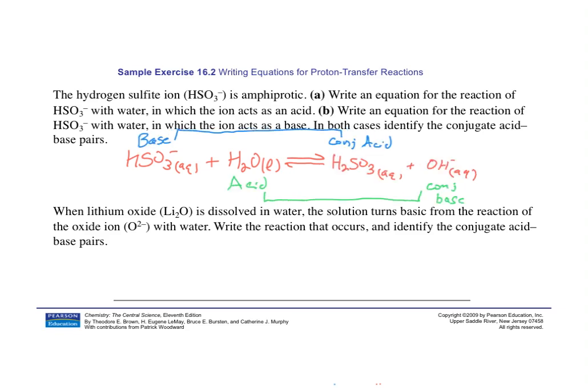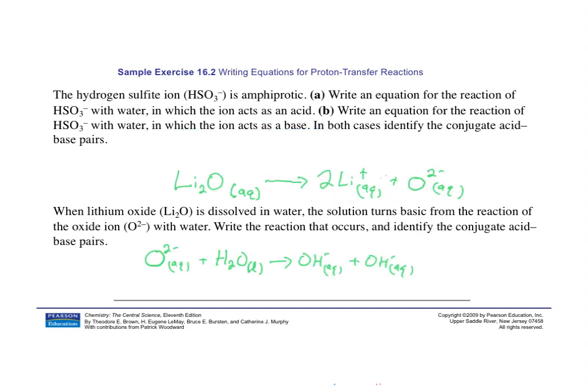In part B of this amphiprotic problem, HSO3- is acting as a base, therefore it is a proton acceptor. It's going to accept an H+ and form its conjugate acid. Therefore, water is acting as the Bronsted-Lowry acid, the proton donor. It donates its proton and forms a conjugate base.